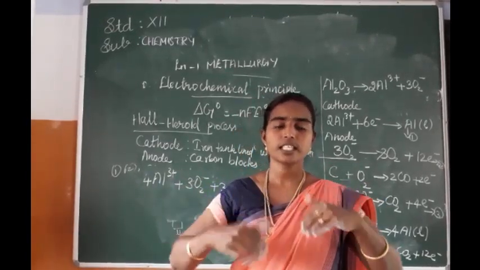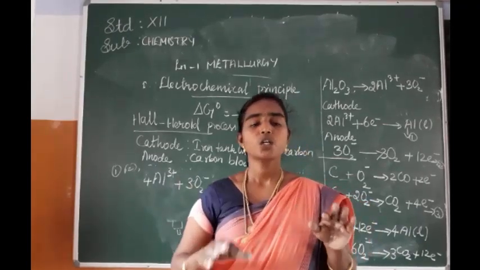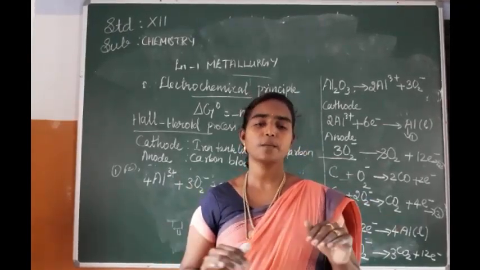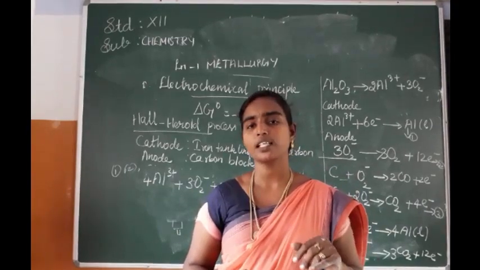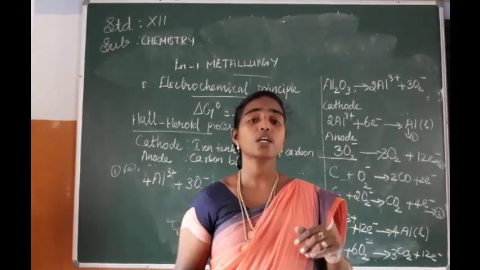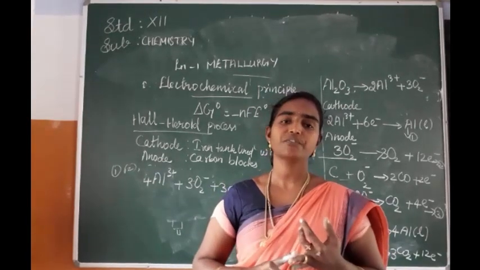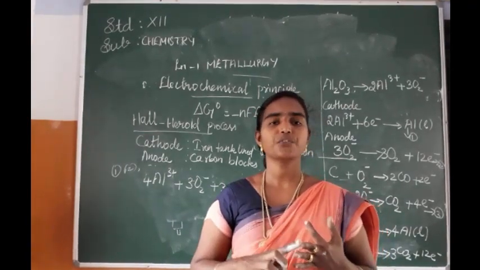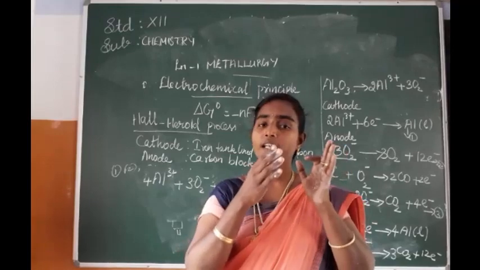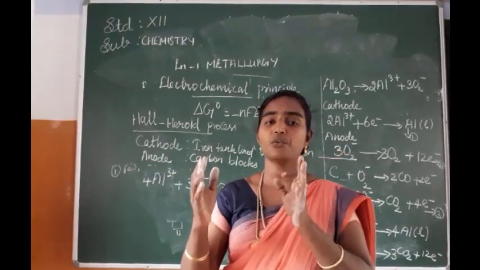Then, the second book back question: what are the steps in the metallurgical process? There are 3 steps. What are they? When I am saying, you can also repeat. Concentration of ore, extraction of crude metal, refining of crude metal. In the first step, concentration of ore, what is the meaning?